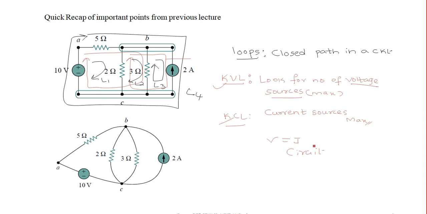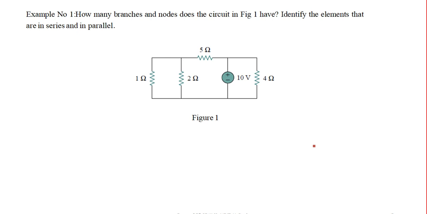Now coming to the numerical problems over here, please go through this problem. The first thing you need to understand, you just think here. The requirement is to identify how many branches and how many nodes are there in the given circuit.